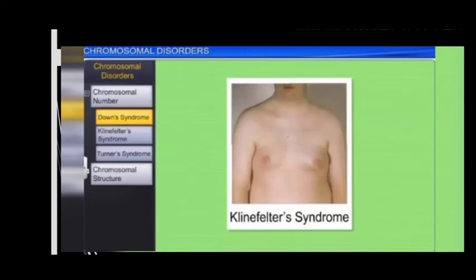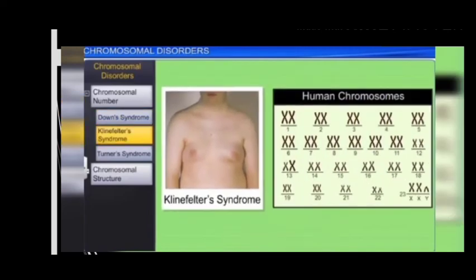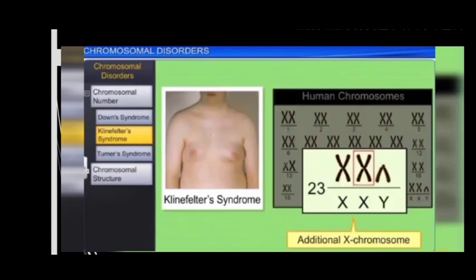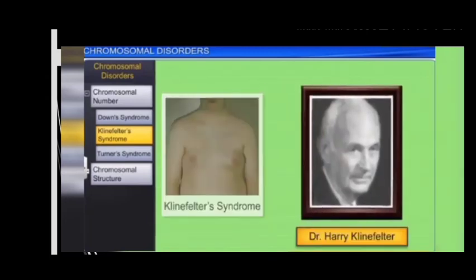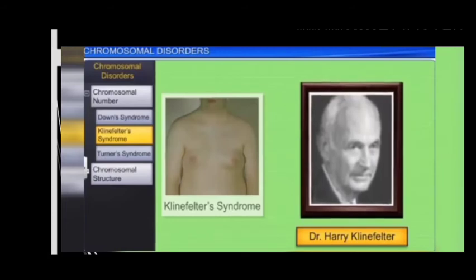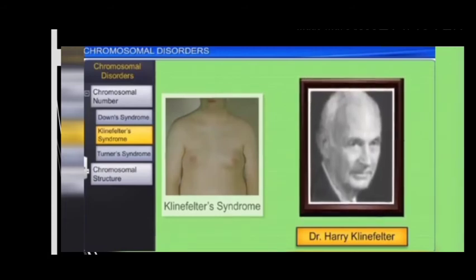Another disorder we have to learn is Klinefelter syndrome. It is a condition in which males have an additional X chromosome, which results in a karyotype 47, that is XXY. Klinefelter syndrome is also called as XXY syndrome, and it was named after Dr. Harry Klinefelter, who was the first to describe the disorder.